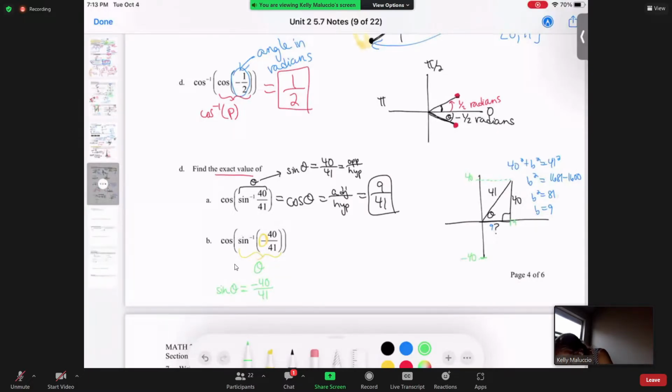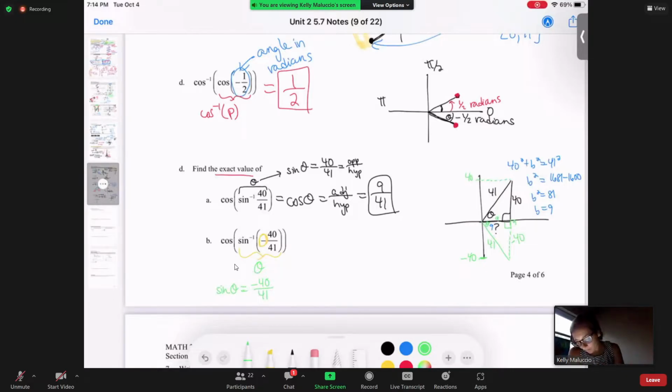Again, not drawn to scale, but this is still 40, just going down. My right triangle is here, my theta is in there, my hypotenuse is still 41, and this side is still 9, because it's the same triangle, just flipped across the x-axis.